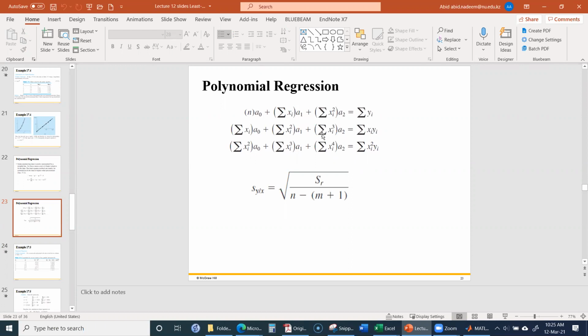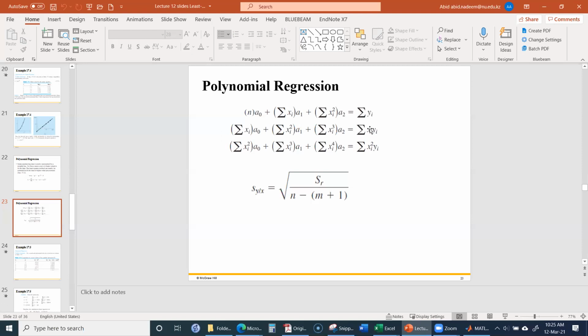Over here, the third line starts from the sum of the x square values and the sum of the x cube values, which are repeated, and then one new term, the sum of the x to the power 4 values, is started. So it's easy to remember in this case. On the right hand side, we have y, xy, and then x square y.